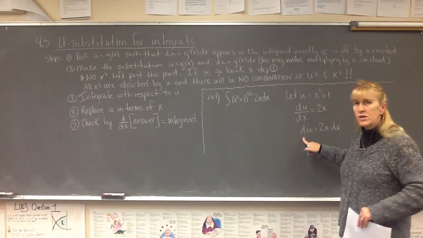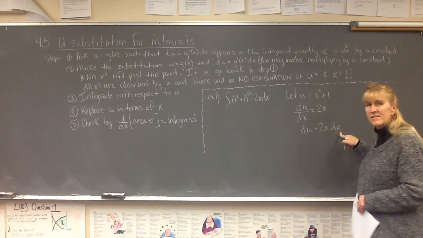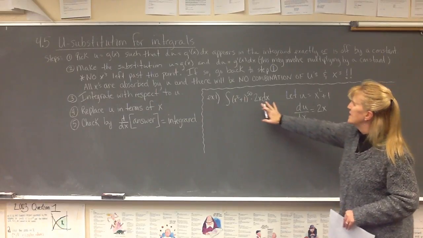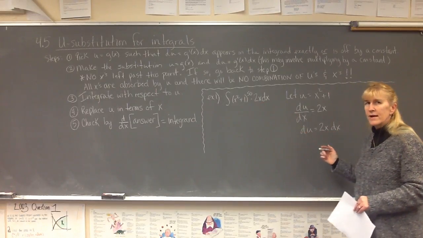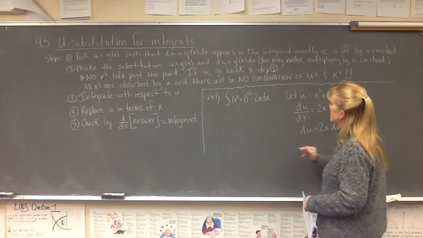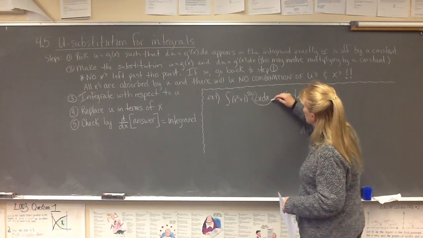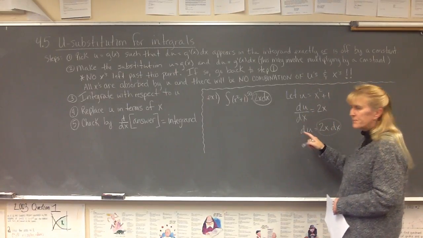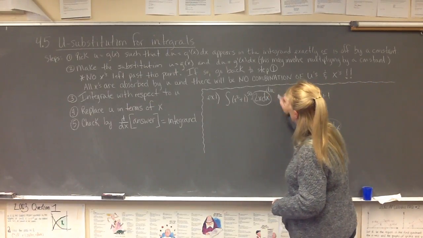So the derivative of u is equal to 2x with respect to x. Okay? This is going to be the du part, and it's sitting right here. So I would like for everybody, when they find this extra piece that's sitting right here in their integrand, that they circle this, and that quantity right there matches du. So I'm going to write du right above it.